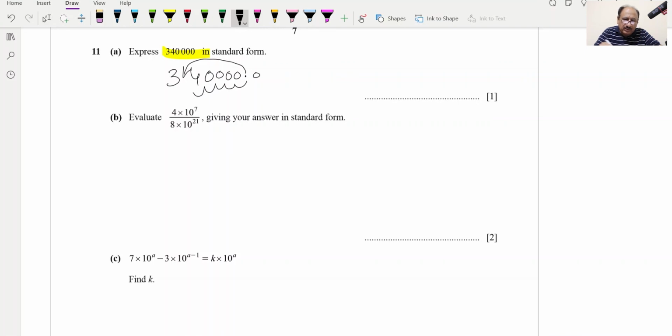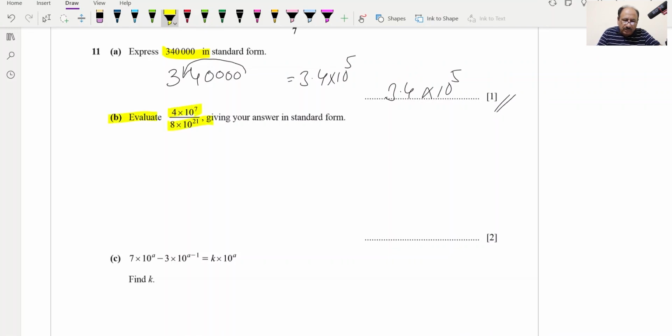So we can write this as 10 raised to the power 5. So this will be 3.4 into 10 raised to the power 5, and I'll erase the extra working which I've done. So this will be 3.4 into 10 raised to the power 5. 1 mark question.